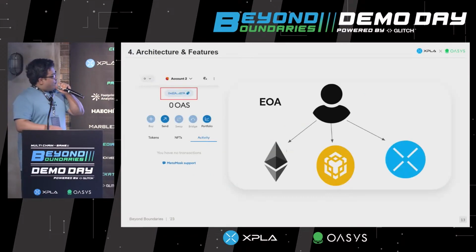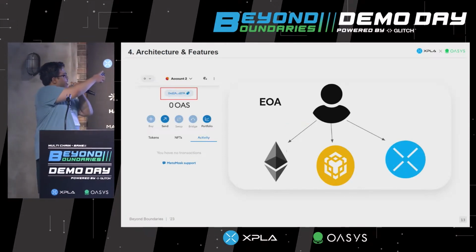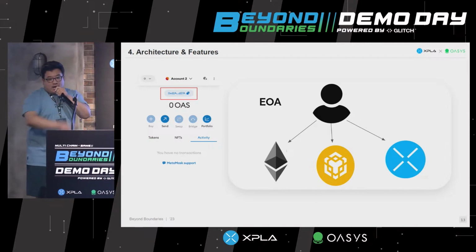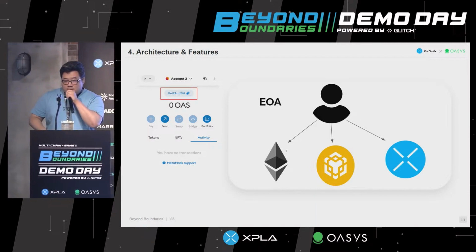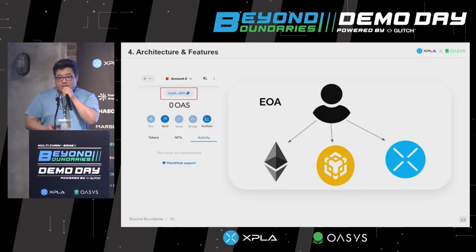So what we propose is to use the EOA. The EOA means that in MetaMask, you can see the user address up there. And actually, all the EVM-supported chains can share the same EOA through the system. A user can have the same EOA on the Ethereum system.